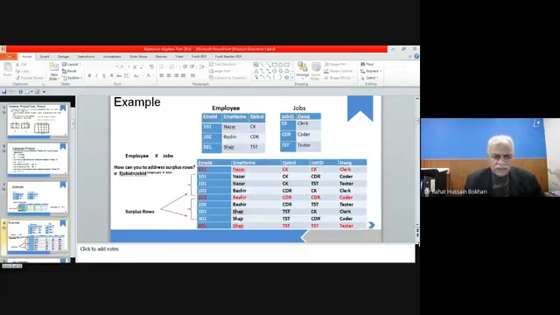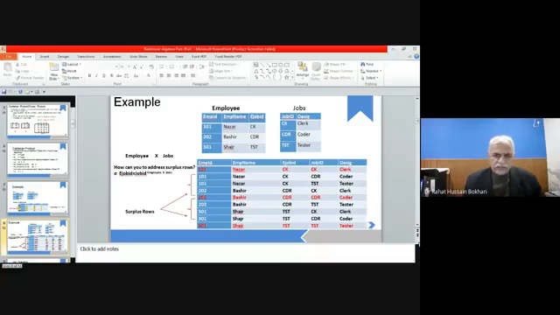So take this example. One relation is employee, and the other relation is jobs. Within the first relation, we have 3 attributes, and within the second relation, we have 2 attributes.